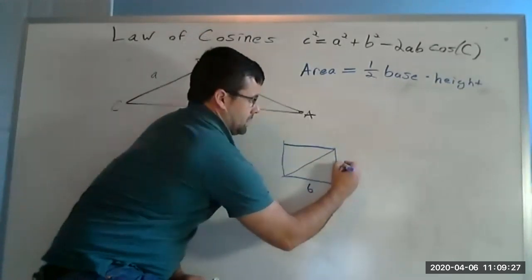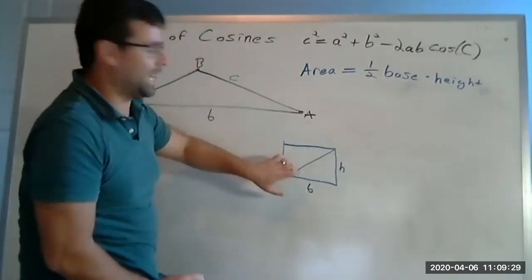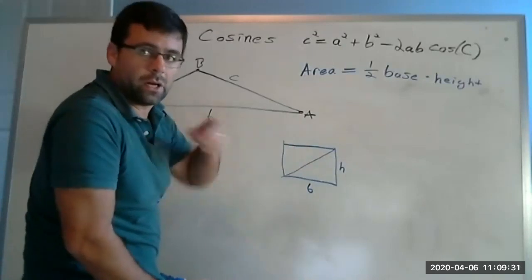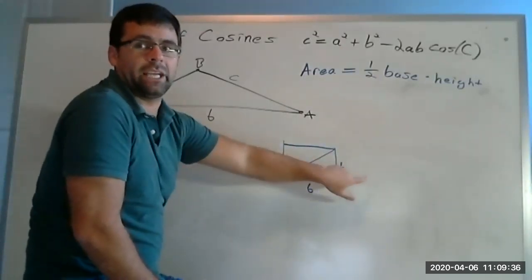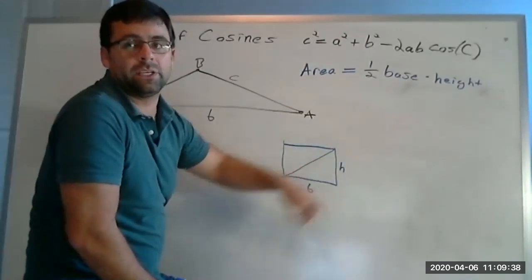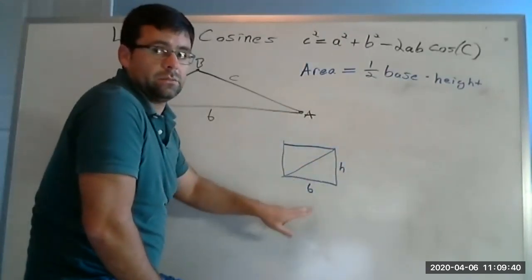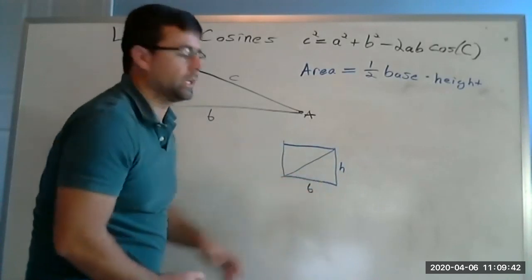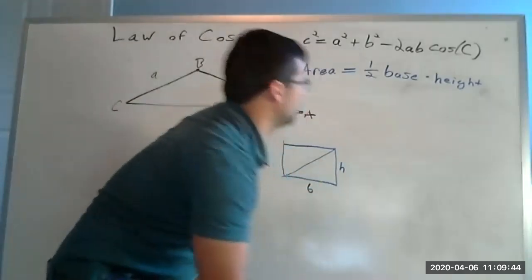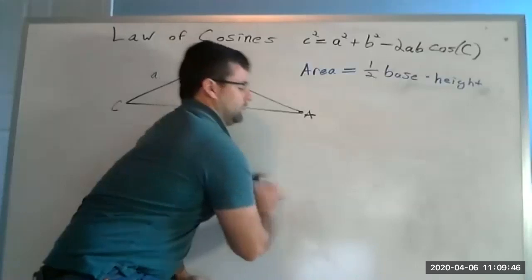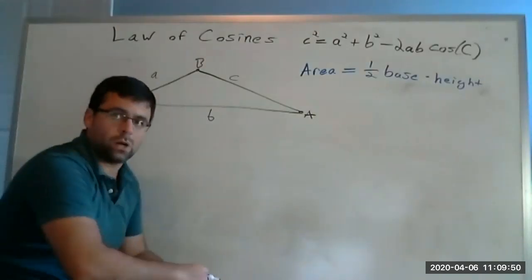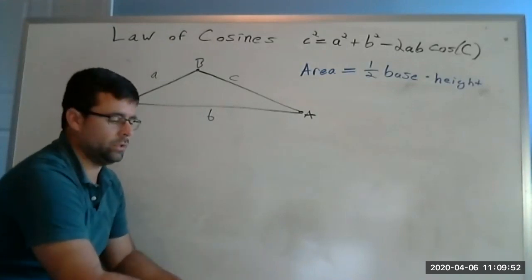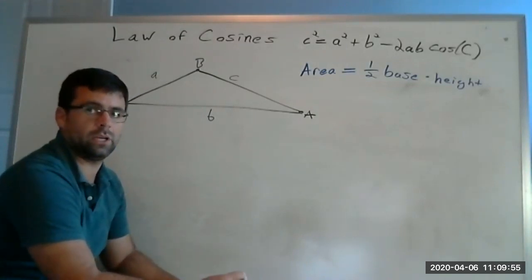They each have half of the area of the box. So base times height would be the area of the box. Half of that is the area of one triangle. So that's where that 1/2 base times height comes from. Let's look at how we can use this fact to our advantage.